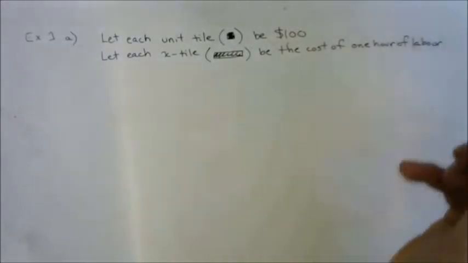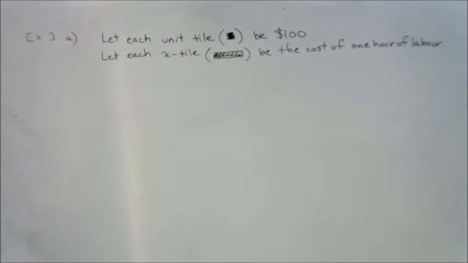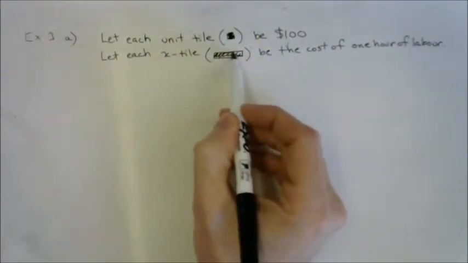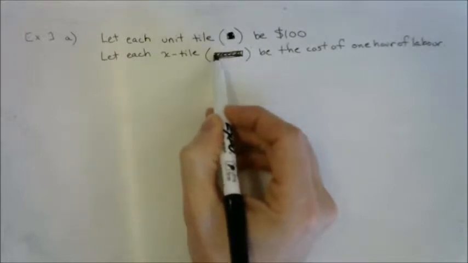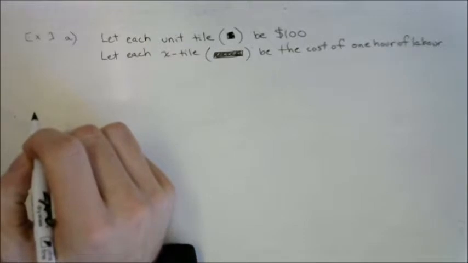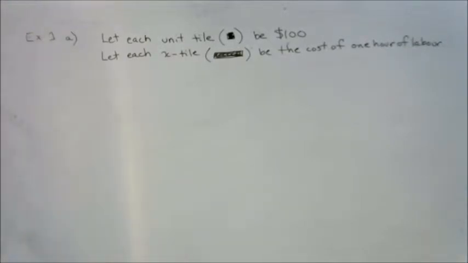Alright, so we've got our two things dealt with here. The money that we actually know, 1 unit is $100, and the x is the unknown cost of labor. And now we need to model the repairs using algebra tiles. So go ahead and try that on your own.